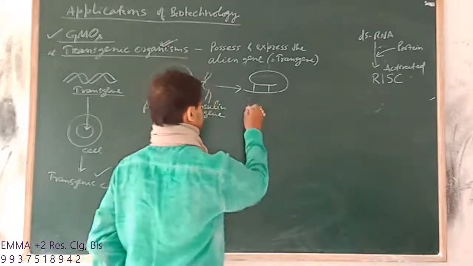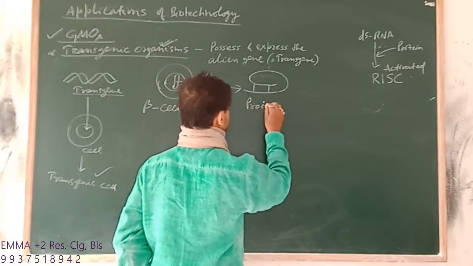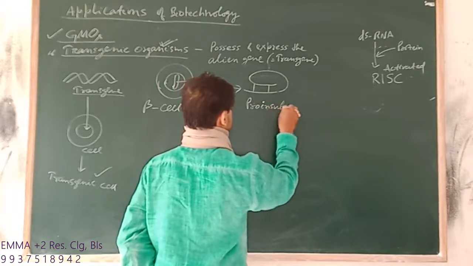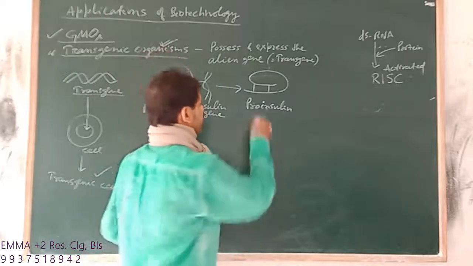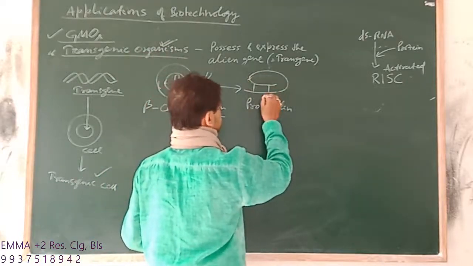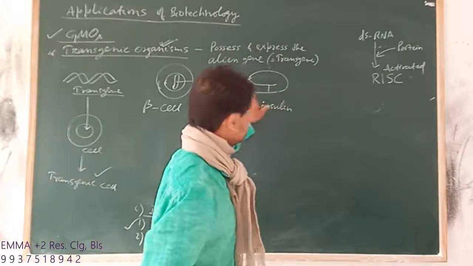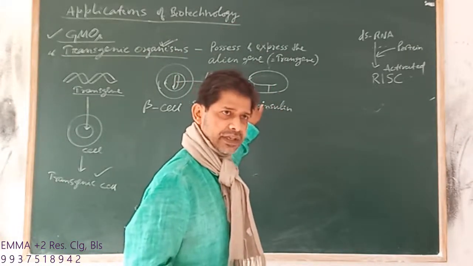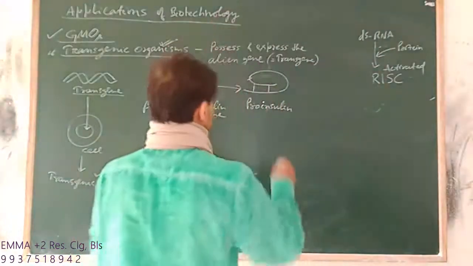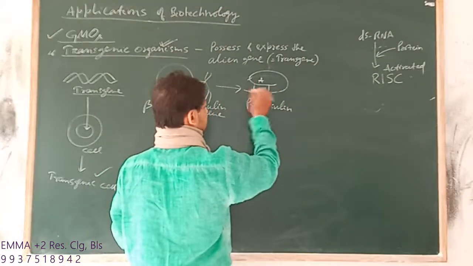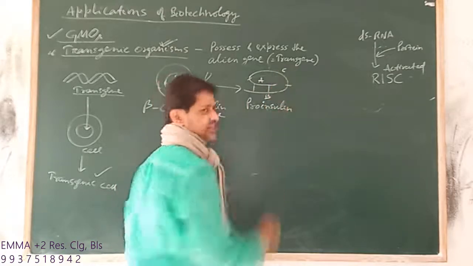So proinsulin is inactive insulin. Proinsulin contains 3 chains, actually entirely one polypeptide chain. It can be divided into 3 parts. This is the A chain, this portion is the B chain, and this is the C chain.